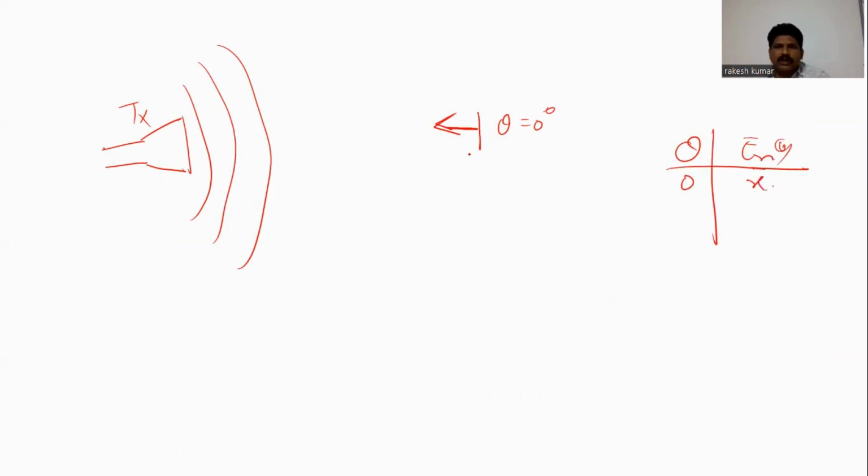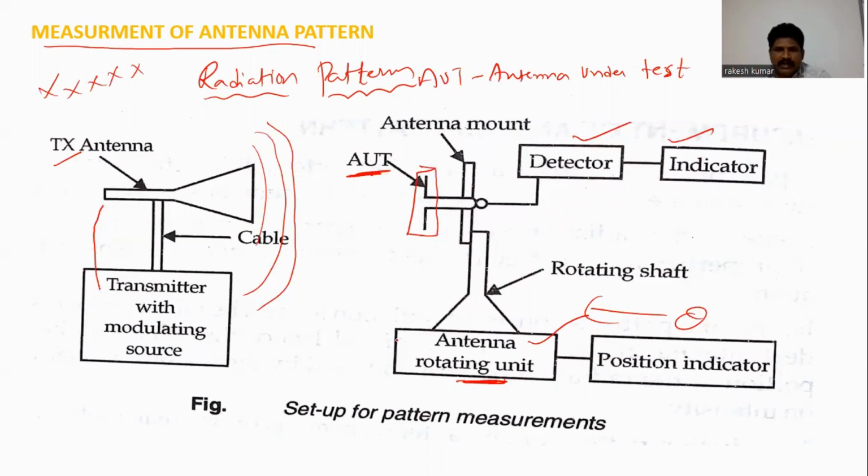Some X. Now, by using this antenna rotating unit, I will rotate the antenna, which initially is like this at theta equal to 0. I slowly rotate my antenna like this, one direction, step by step. For each angle, I will notice the amount of electrical field received in the indicator.